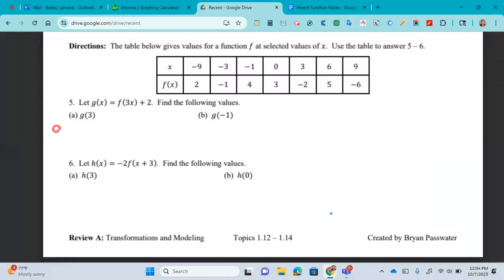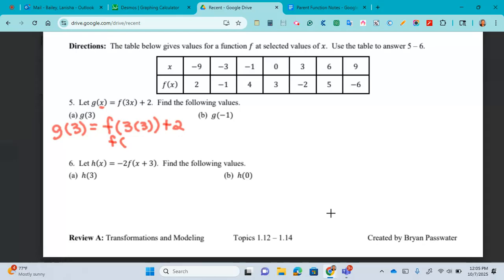So g of 3. What did that replace? The x. So that 3 replaced the x. So I need to replace all my x values with the number 3. 3 times 3 is 9.